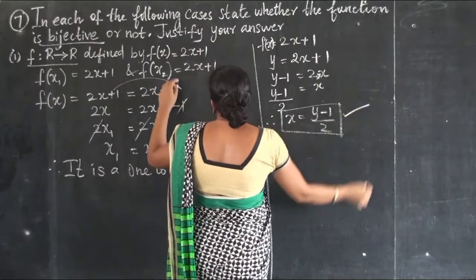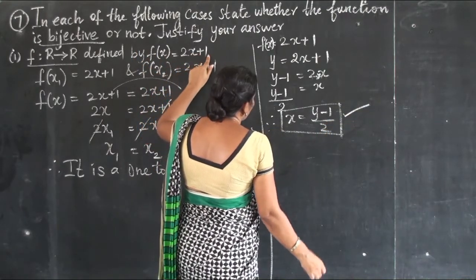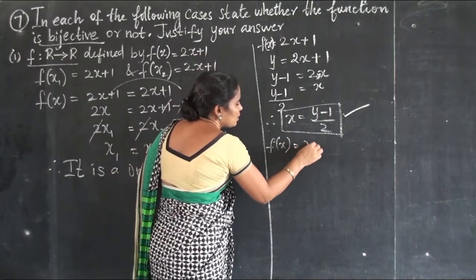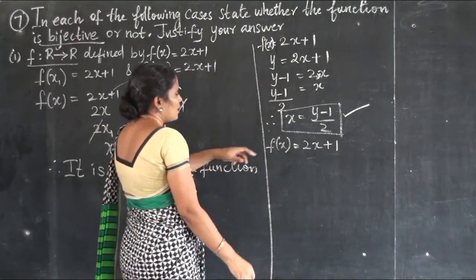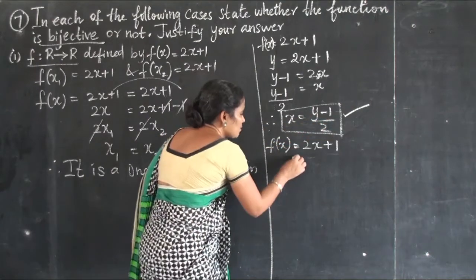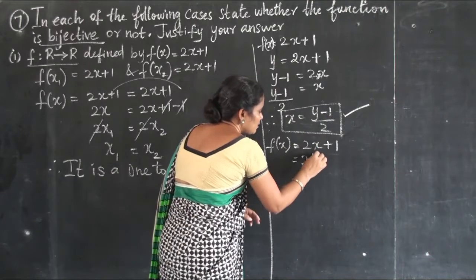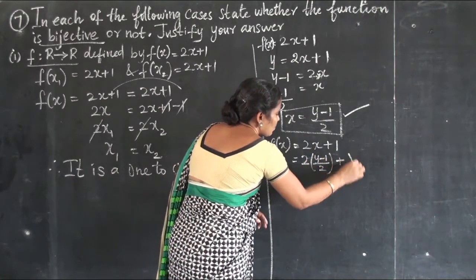Using this, you have to solve f of x is equal to 2x plus 1. Okay, in the place of x, you have to apply y minus 1 by 2. 2 times y minus 1 by 2, plus 1.